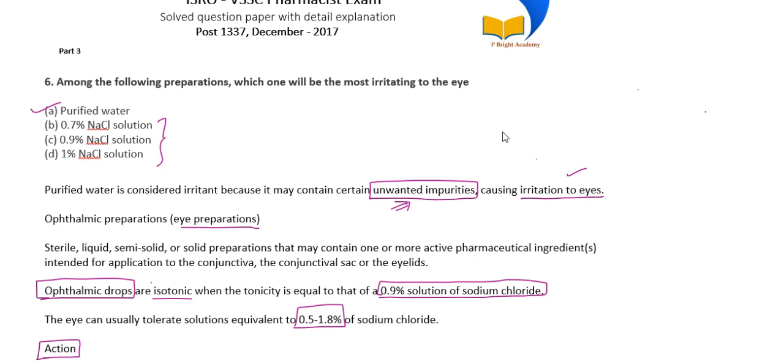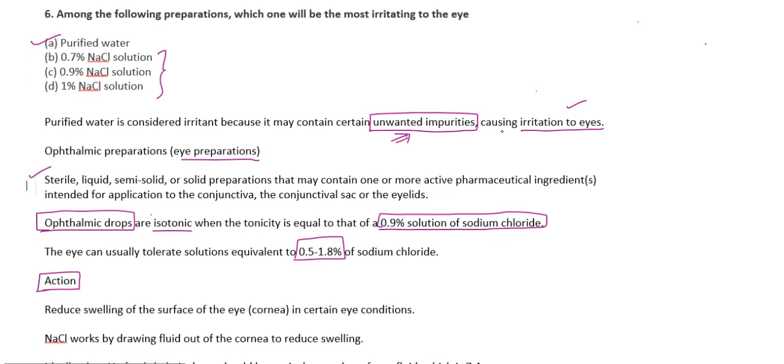They can be sterile liquid, semi-solid, or solid preparations containing one or more pharmaceutical ingredients, applied on the conjunctiva, conjunctival sac, or eyelids to produce different pharmaceutical effects.